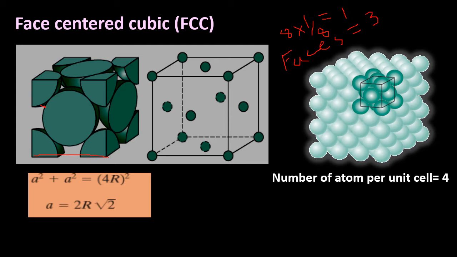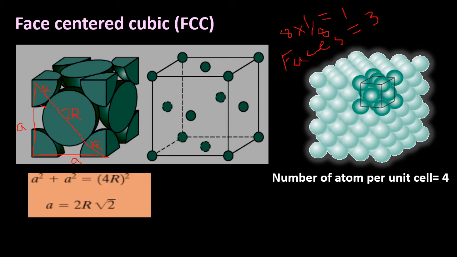So we take this length as a, and this length as a. If we take this triangle, this length is equal to R, and this length is equal to R, and this is the hard sphere, the central atom, and it has the diameter 2R.